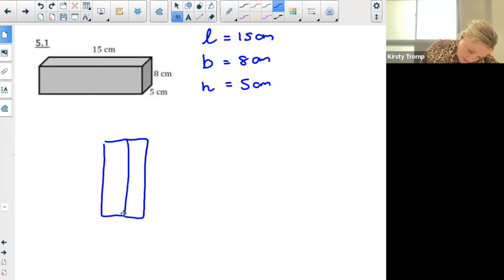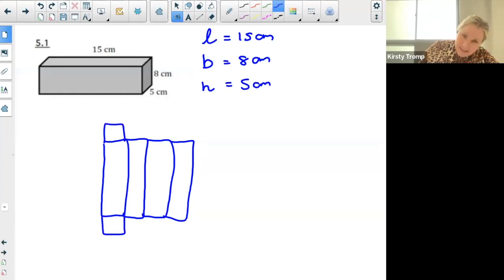So 1, 2, 3, 4, a lid, and a lid. I know that my 15 centimeters is my longest one. All right, so 15 centimeters is definitely the longest side that I've got.